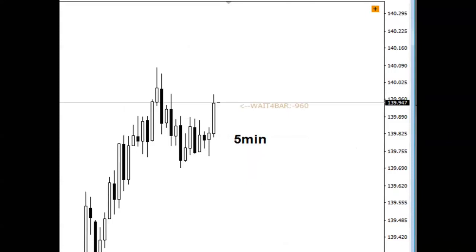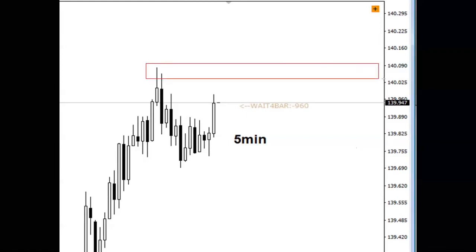Where are we going? Yep. Probably going up, because we consolidated and now we've broken out of consolidation. So this is your confirms, right? This is your confirms. Now we're going up.